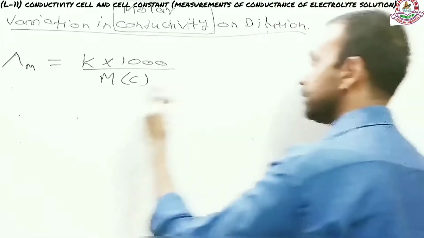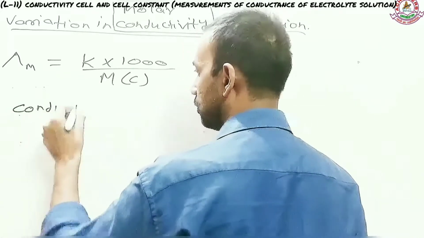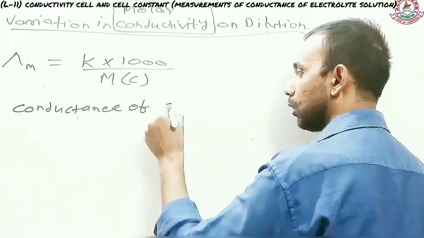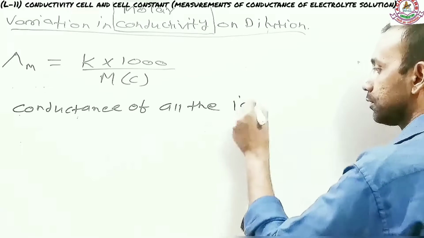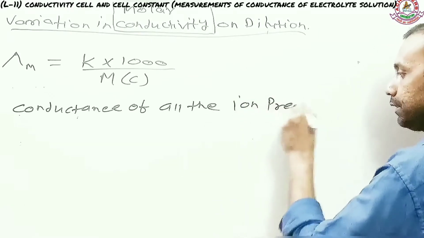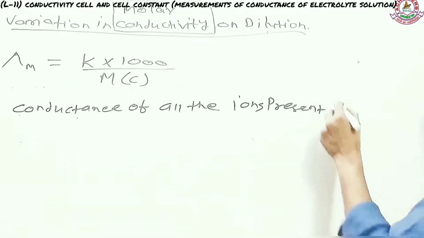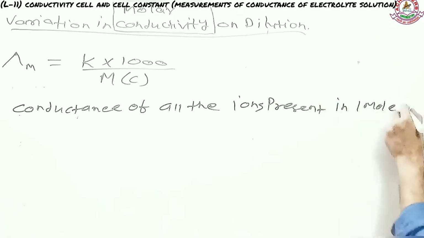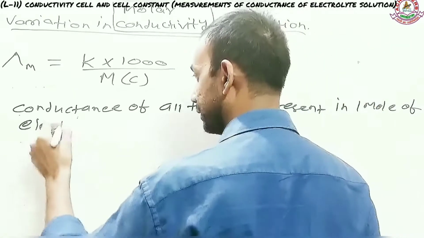So let's define it. Conductance of all the ions present in 1 mole of electrolyte solution. This is the definition here.